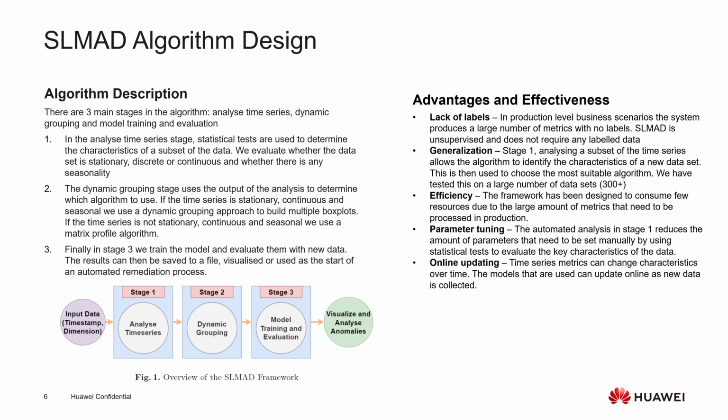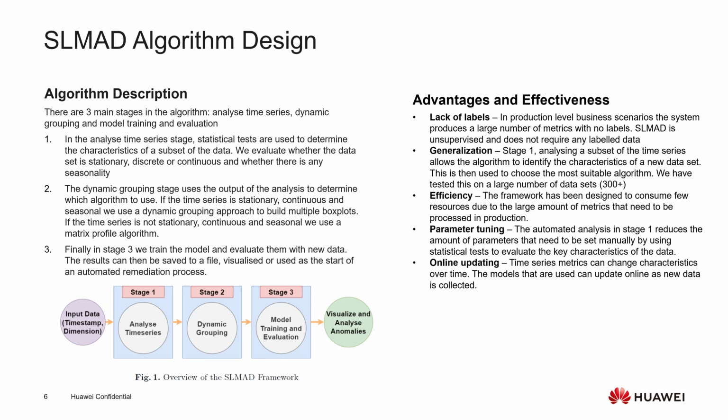We'll go into more detail in these in the next few slides, but the main context for analyzing the time series is that in this stage we're performing statistical tests which are used to determine the characteristics of a subset of the data. So we evaluate the data set to see if it's stationary, discrete or continuous, and whether there's any seasonality. This goes into automating some of the decisions about which algorithm we should use in stage 2.